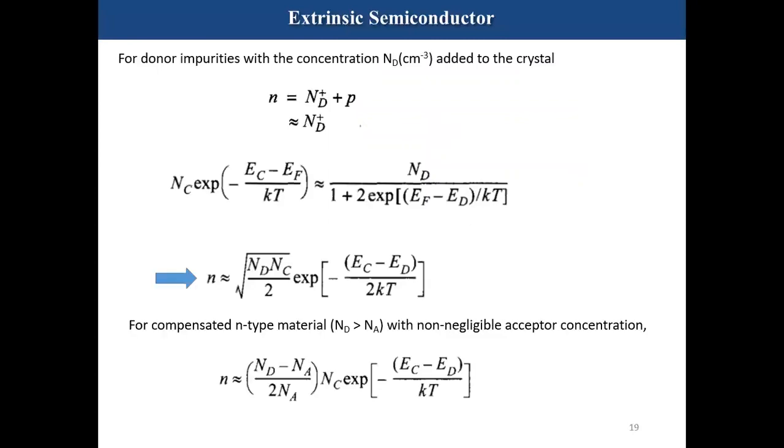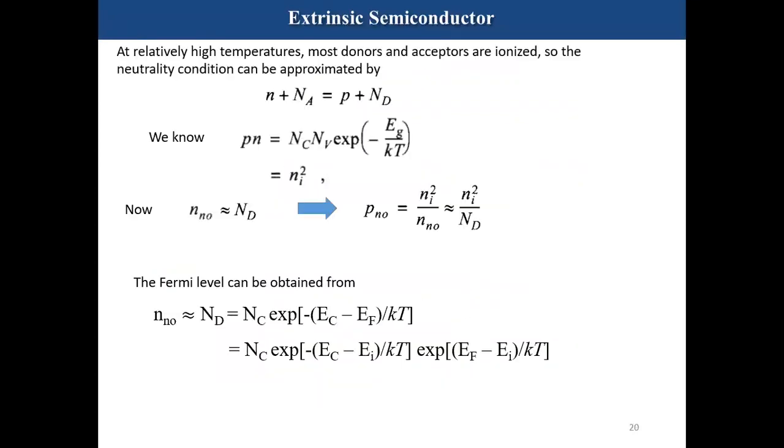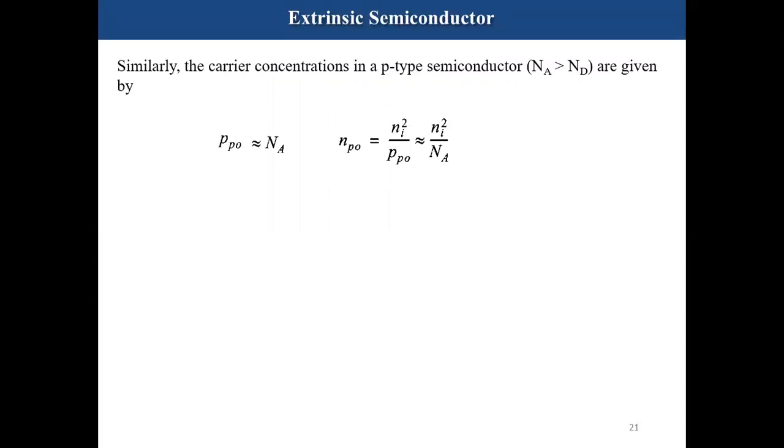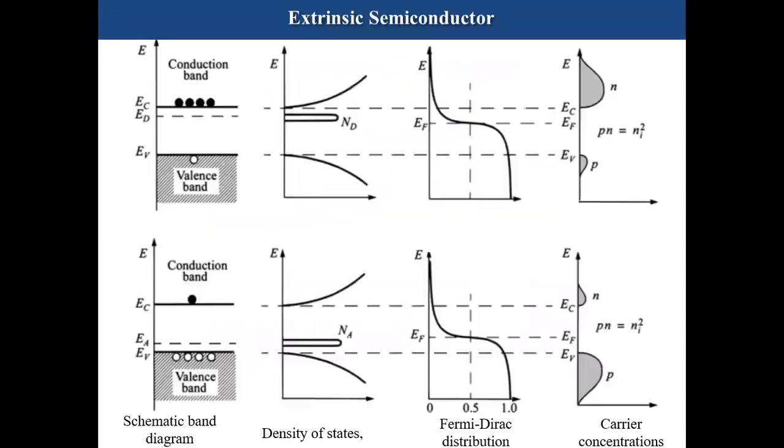For extrinsic semiconductors, I'm not going into detail of these equations, but we have to understand that we have donor levels, which are created because of the addition of impurity atoms. So definitely you don't have the same carrier density as earlier; the carrier concentration is changing.